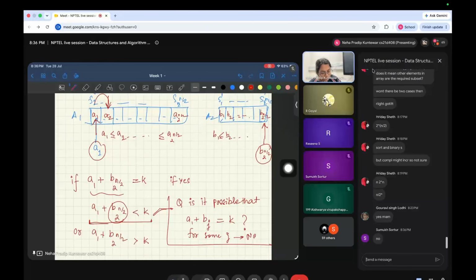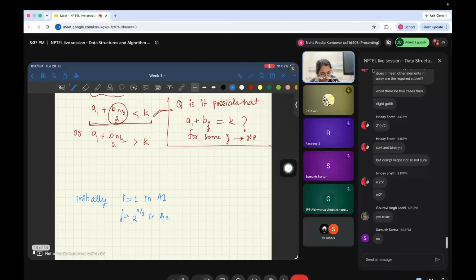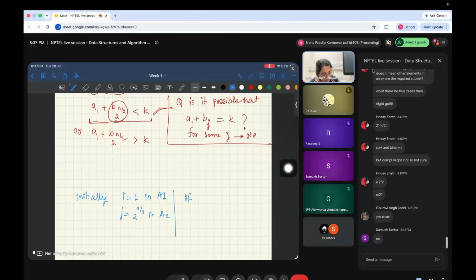So initially I was pointing at 1 in the array a1 and j was pointing at 2 to the n by 2 in a2. But if a1 plus b2 to the n by 2 is less than k, then what you should do is you should increment i.